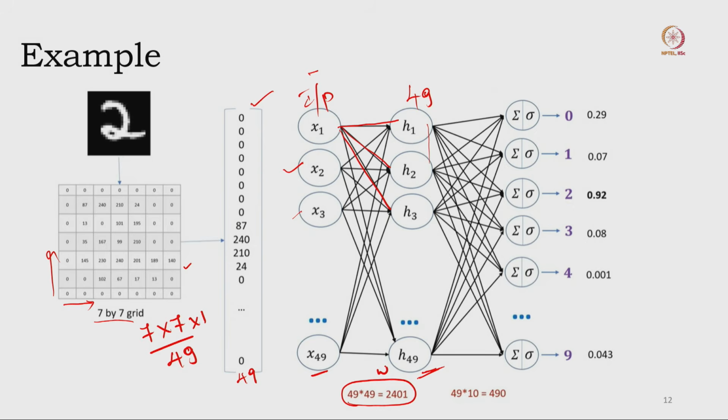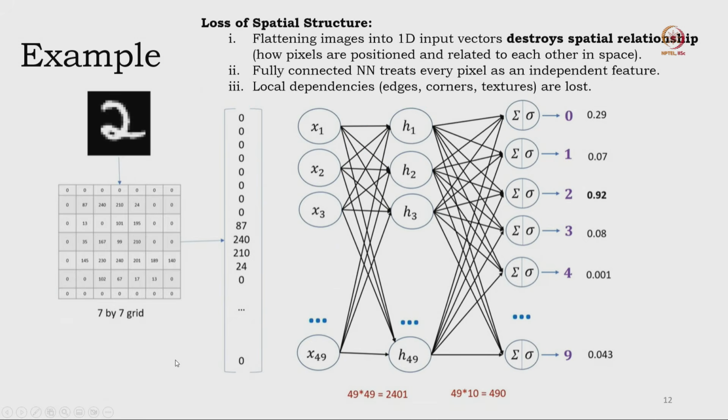So, what exactly is the problem with this kind of architecture? The minute we convert 2-dimensional data into a single vector, we destroy something called the spatial relationship. This is an important point. What exactly is the spatial relationship? It is how the pixels are positioned. Look at this matrix.